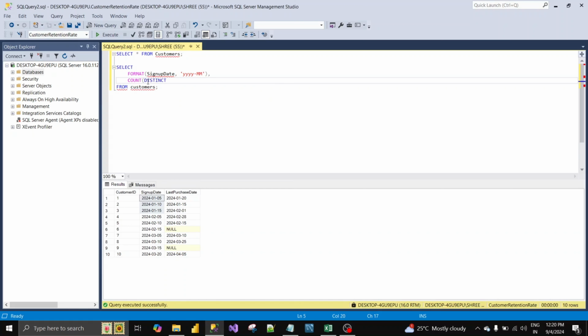So here I will write a case. Case when we will take the date diff on the interval of month for these two dates, and if it is less than or equal to 1, that means the purchase has been done within the same month. So I am giving date diff, interval is month, and the first date is the sign-up date and the other date is the last purchase date.